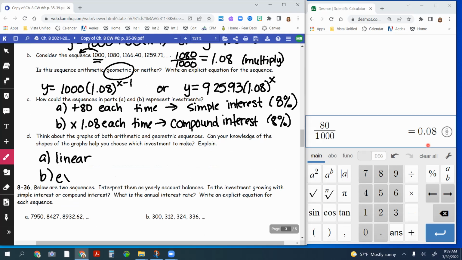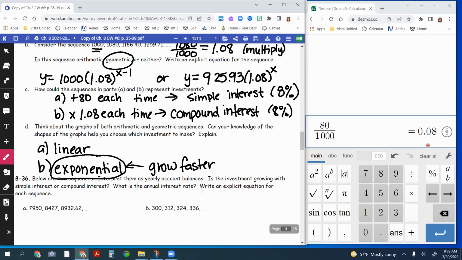B is going to be exponential. And so this one is going to grow faster. I would pick the exponential because it's going to grow faster.